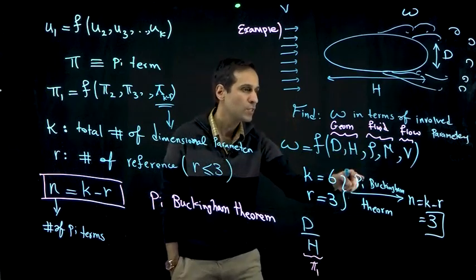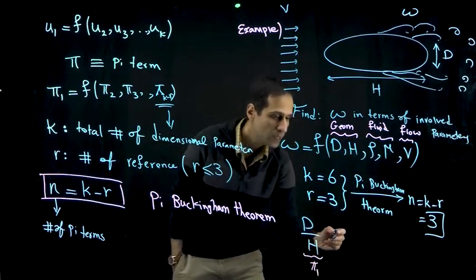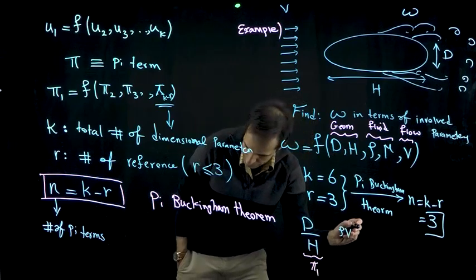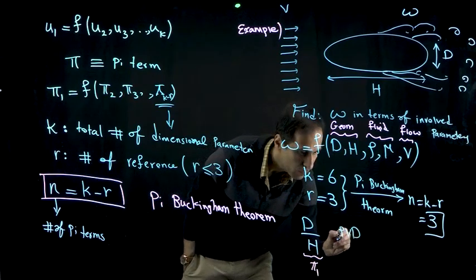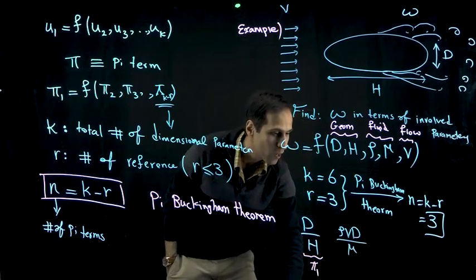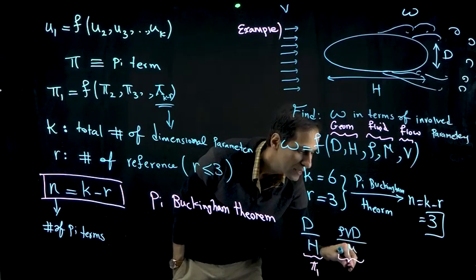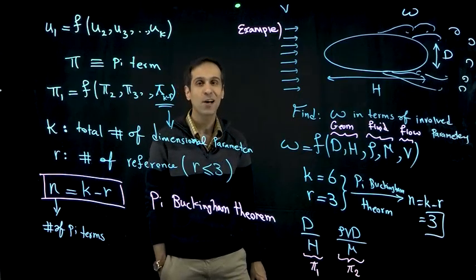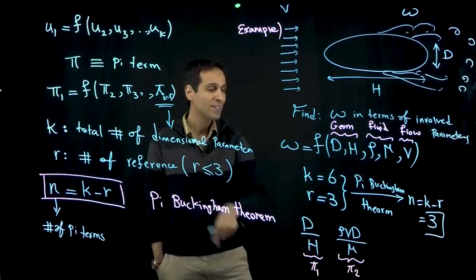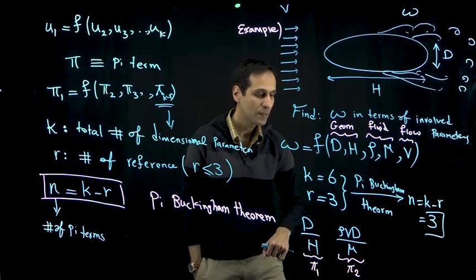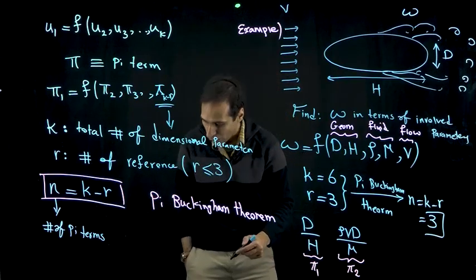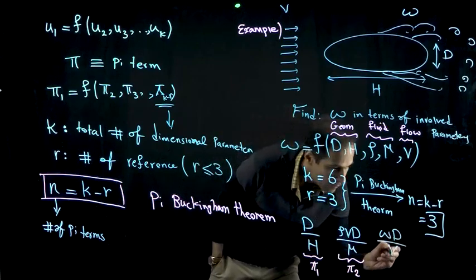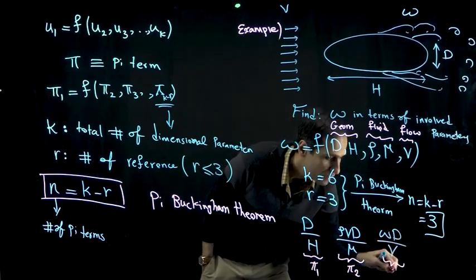The second one is rho, mu, V. So you can see it's the Reynolds number, rho V D divided by mu. It's the Reynolds number, but we call it pi 2 in this context because I just want to emphasize that it's one of the pi terms that has already been discussed. And the last one is omega D over V, which is pi 3. The third one is also familiar.